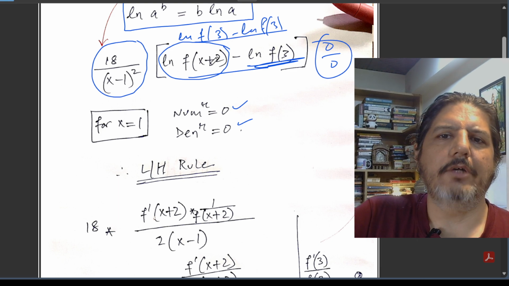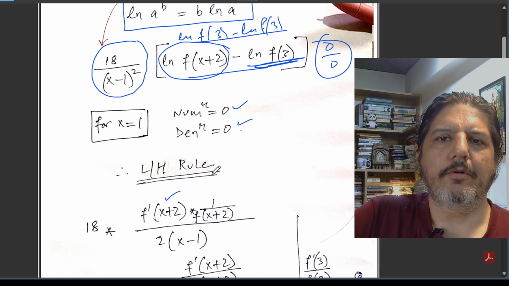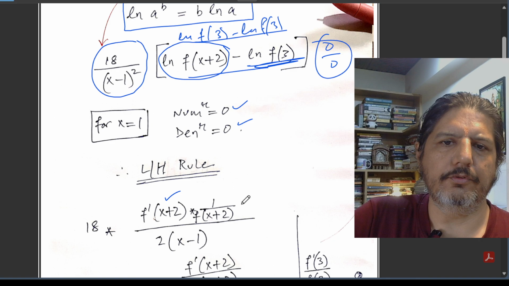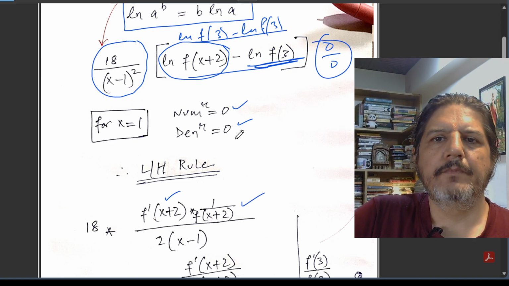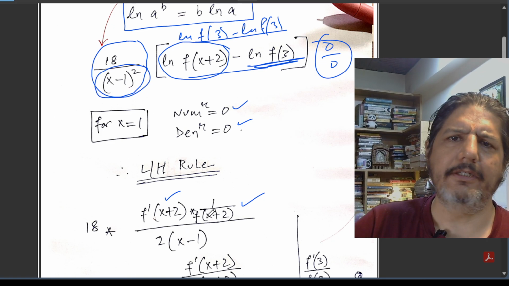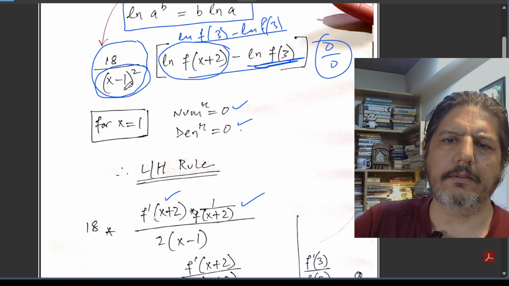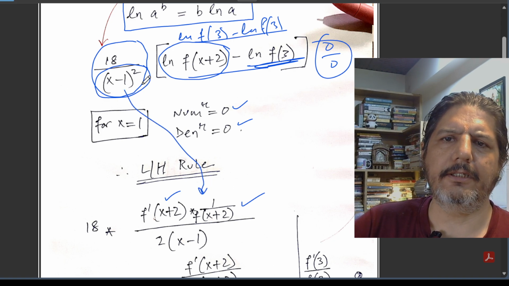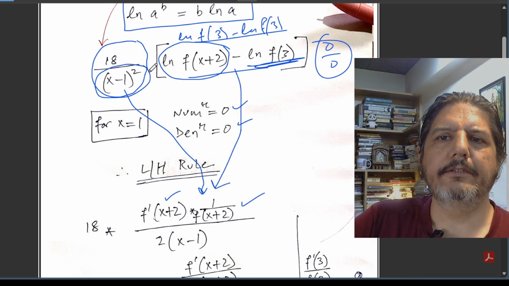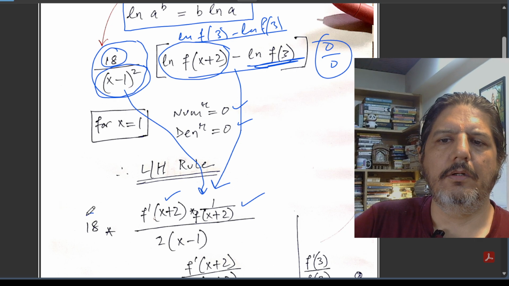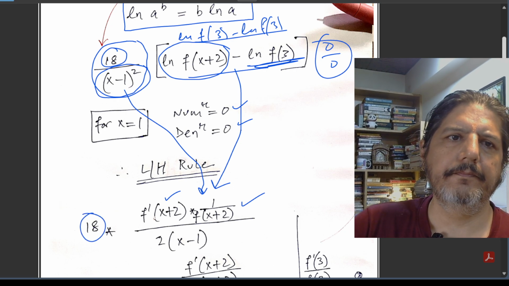So this will be equal to f dash x plus 2 upon 1 upon f of x plus 2. So this is my numerator. The differential of this would be twice of x minus 1, which is easy to calculate. So I have written the differential of denominator and the numerator here. And this 18 is waiting outside.